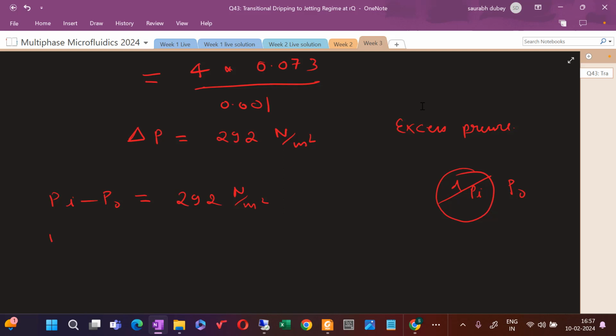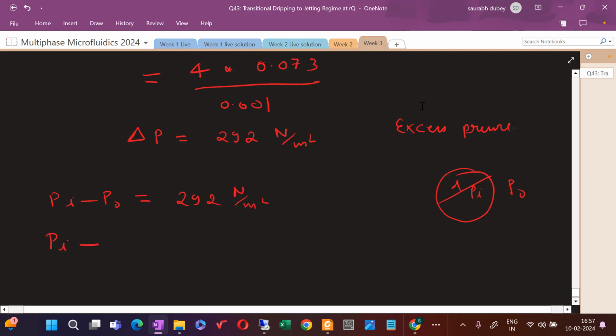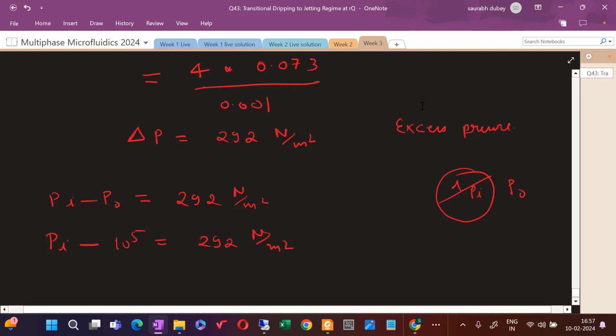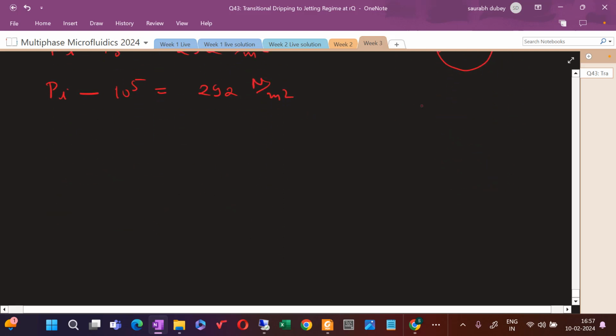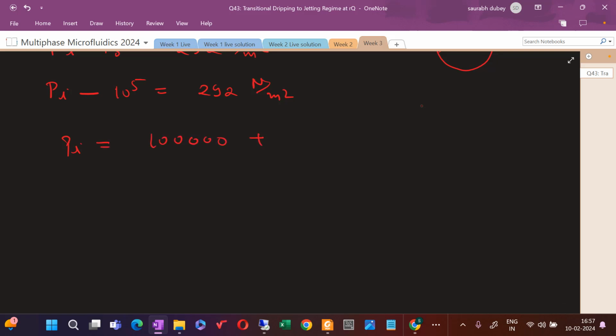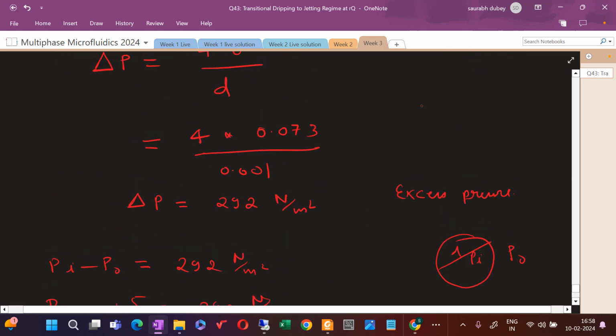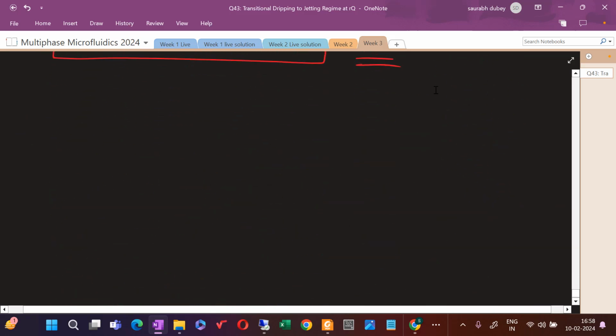With P outside being 10 to the power 5 Pascal, P inside equals 100000 plus 292, which is 100292 Pascal. This is the correct answer for the given problem. So this is one question.